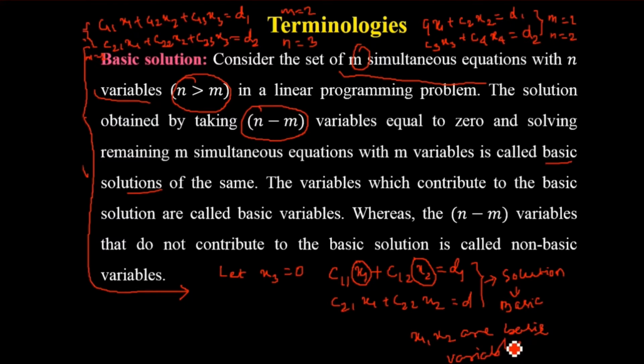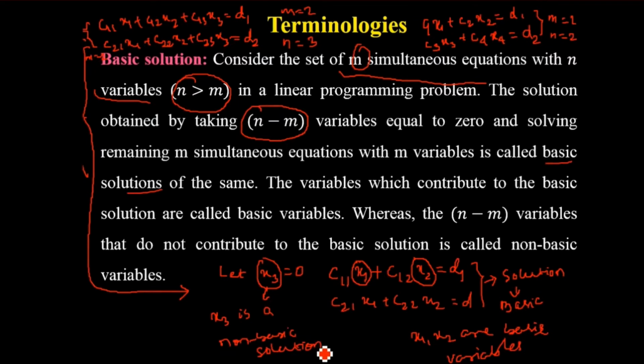What is a basic variable? What is a basic solution? The variables which contribute to the basic solution are basic variables, whereas the n minus m variables, here n is 3, m is 2, so one variable, x3, does not contribute to the basic solution and is called a non-basic variable. So x3 is non-basic.